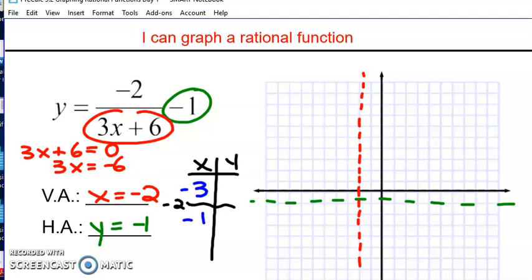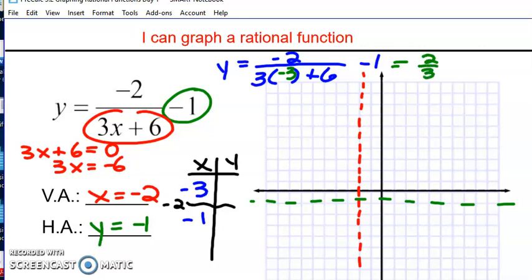All right, maybe I'll just work one out here so you can see. If I plug in negative 3, 3 times negative 3 is negative 9. Negative 9 plus 6 is negative 3, so I have negative 2 over negative 3, which is 2/3, minus 1, which is negative 1/3. Okay? We can handle that fraction.